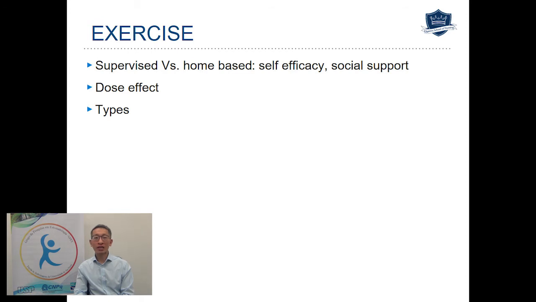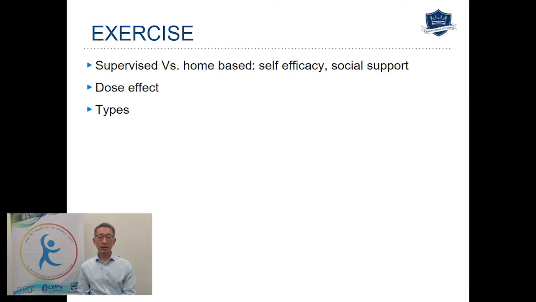Perhaps it is a way to improve patients' confidence and self-efficacy, the interaction with their healthcare providers, or sometimes they may have an exercising group, which may provide that psychosocial support milieu to facilitate adherence.